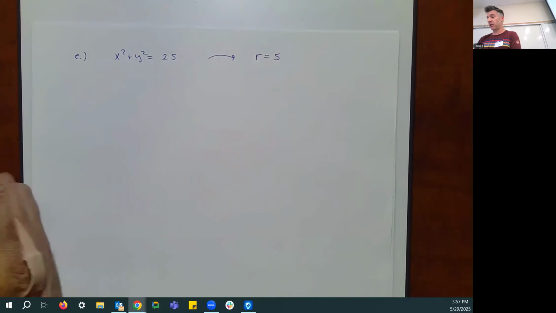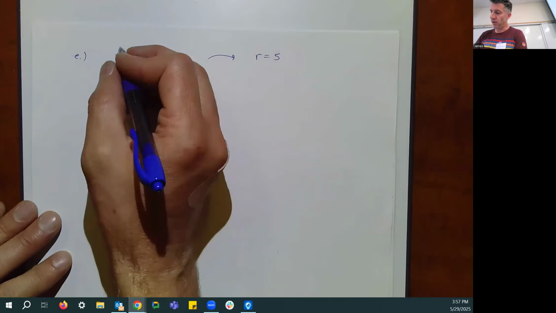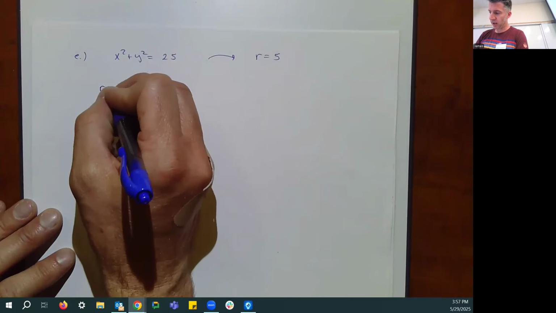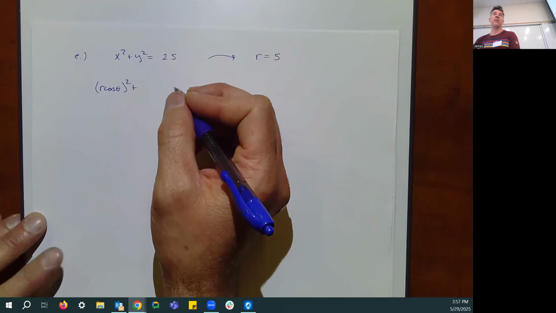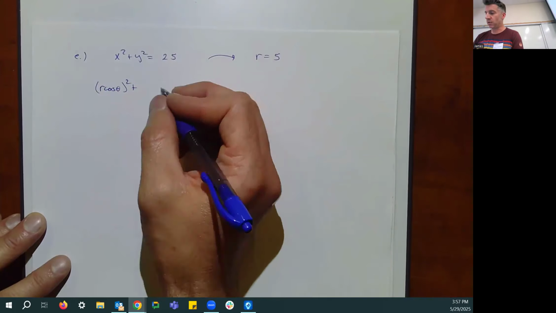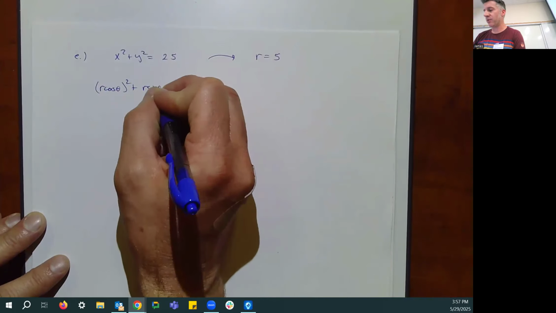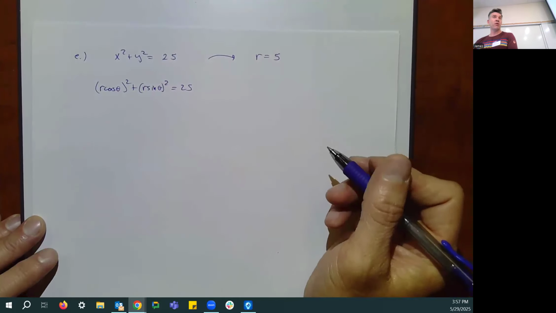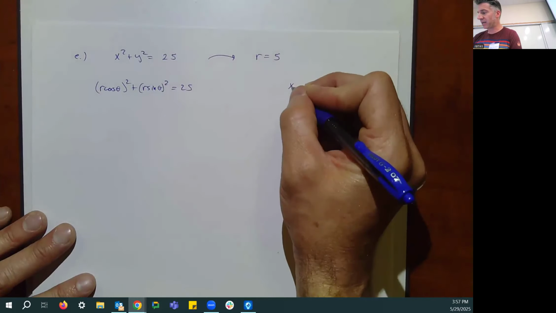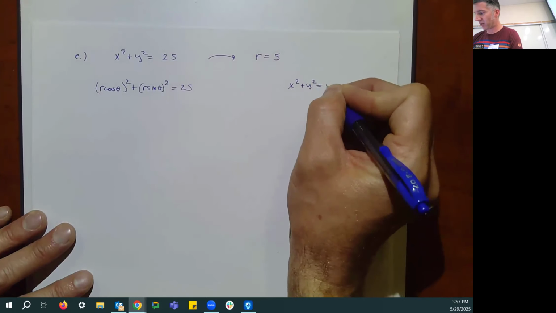And it is, because if we start replacing things here, well, x is r cosine theta. Well, in fact, I'm doing more work than I need to do. I should have remembered that x squared plus y squared is r squared.